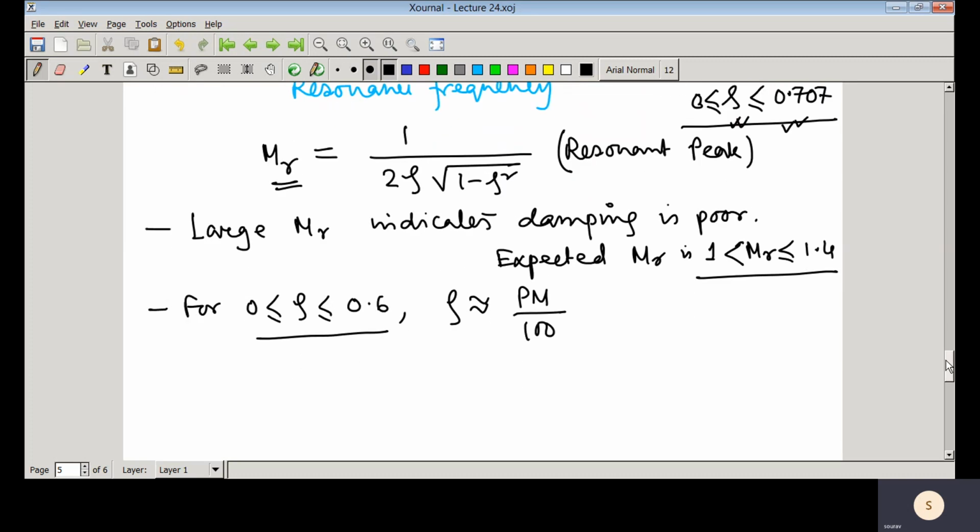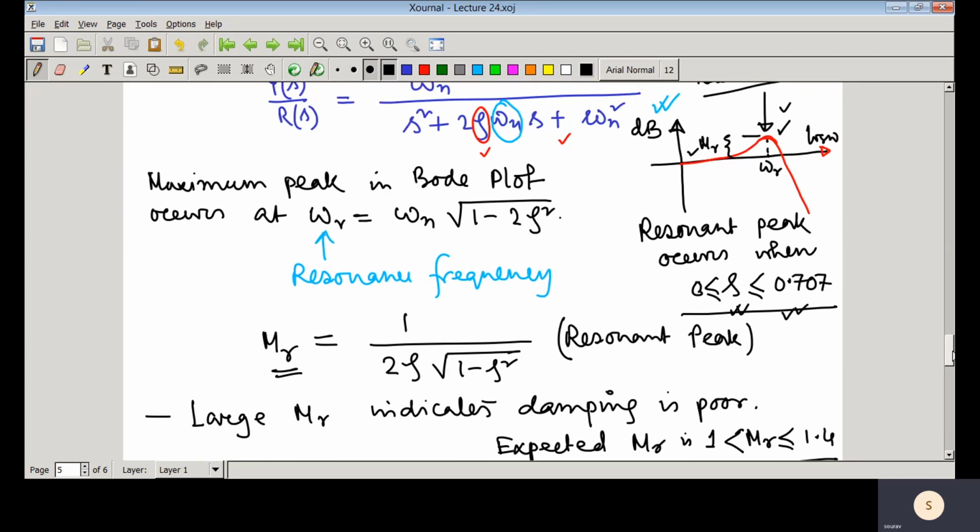And for small values of zeta, you can see here that the resonance frequency is omega n into square root of 1 minus 2 zeta square. And what is the damping frequency that you have seen in time domain analysis? That is omega d equal to omega n into square root of 1 minus zeta square.